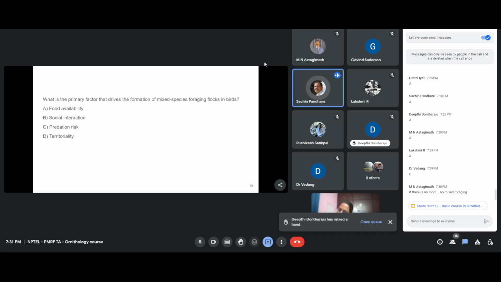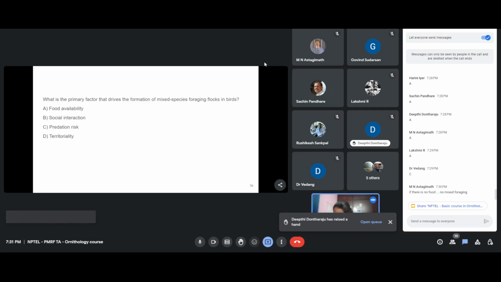Suppose there is a ground where there is a lot of grain, and this mixed flock is going there for foraging. But this increases the predation probability because it's an open ground, right? So, are they going there for food or for protection?